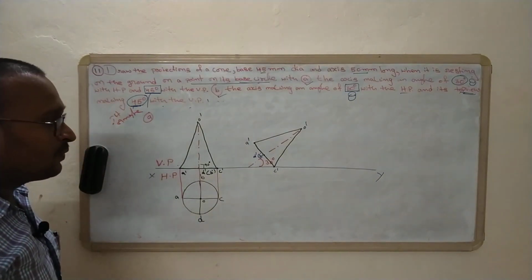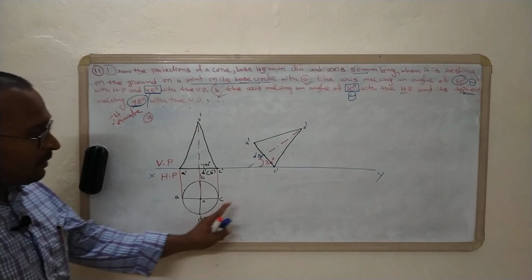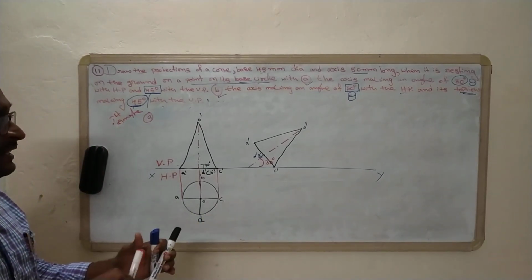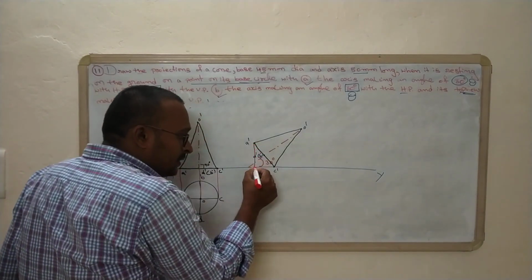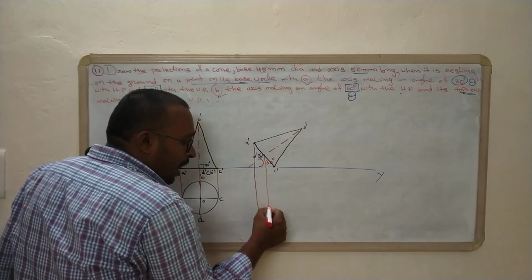Now to get the second stage top view, we need to project the vertical lines from the second stage front view and horizontal lines from the first stage top view.